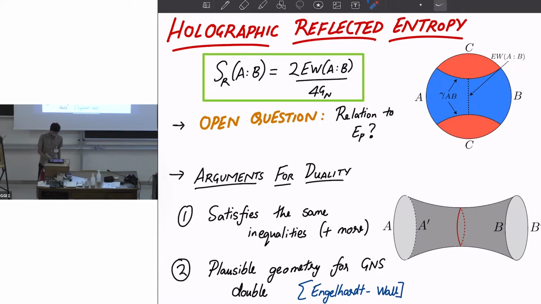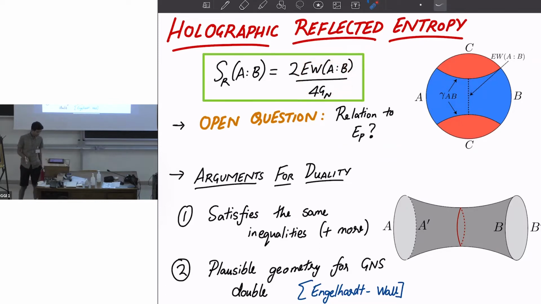Then the cross section is the minimal area surface that splits this entanglement wedge into two portions: one that's homologous to A and one that's homologous to B. And in the disconnected phase, there's no need to split the homology regions into two parts. So the reflected entropy vanishes, whereas it's some order 1/g amount in the connected phase.